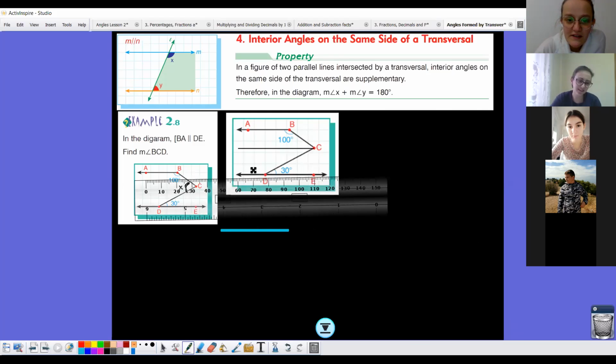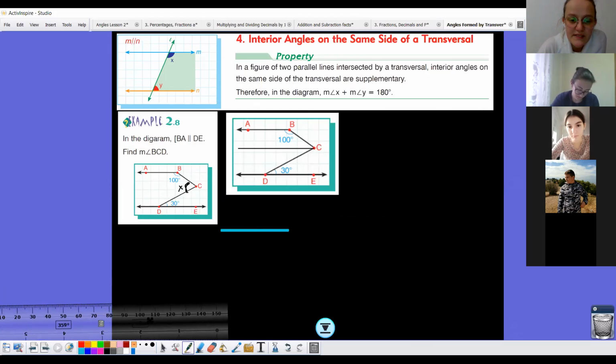Now here, let's see if I can find it in the same way. I have drawn another parallel line to BA and DE. Let's say this is A, B, C, D, and a point F here.